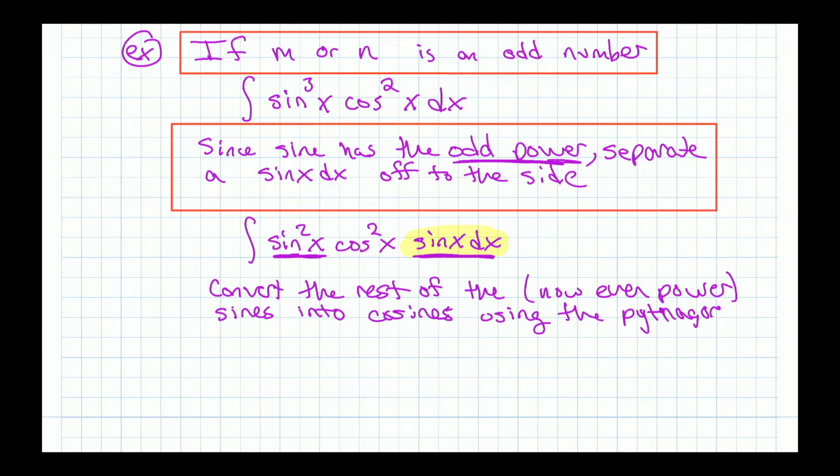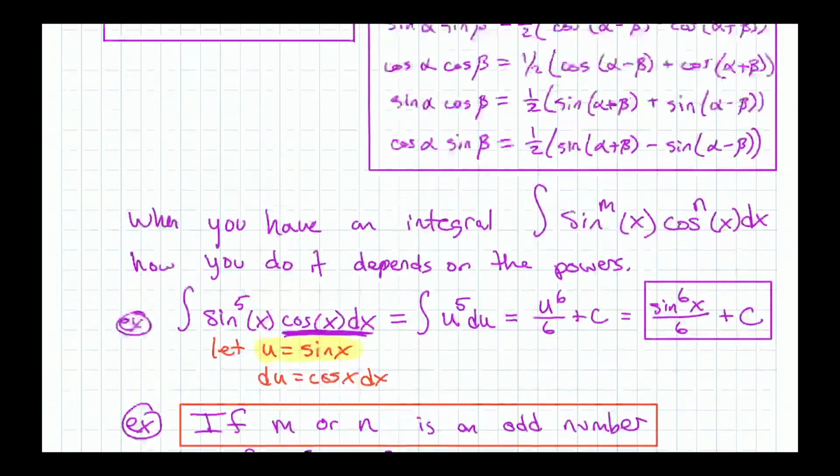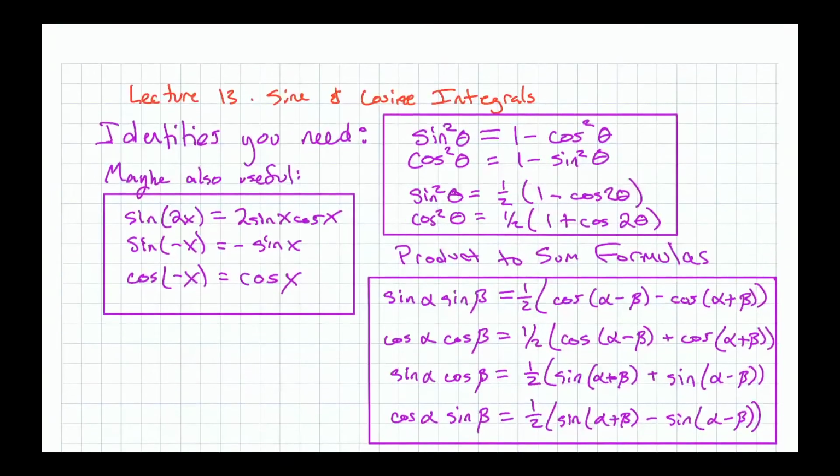That's why we have those identities written down. So what is it for this problem? Well, we're using the sine version, so we're going to be looking at this version right here. So that's how we're going to convert sines into cosines.